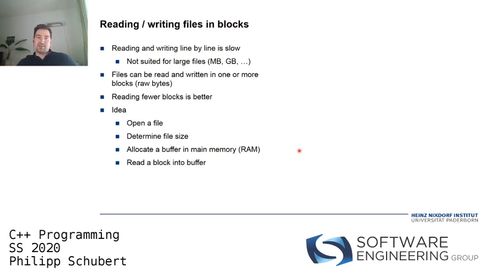And then we can manipulate that data in the buffer. So we can read and write from the buffer and do some useful computations. And eventually, once we are done with that, we can write that buffer back to a file. And we are done. We just had to read one block and write one block, which is much faster than line-based file manipulations.